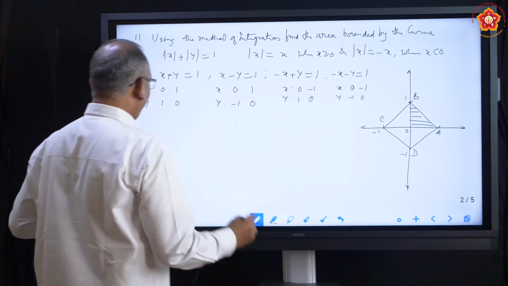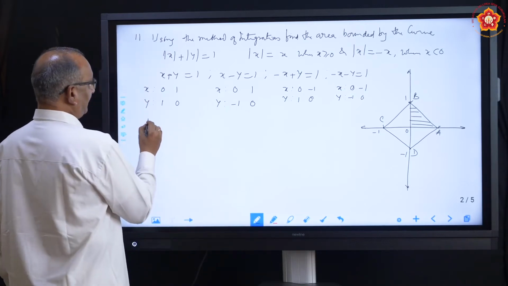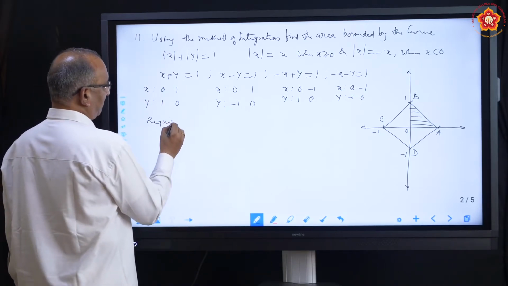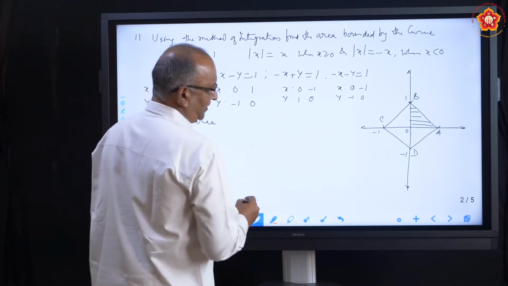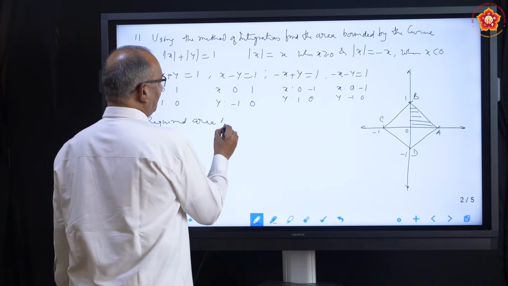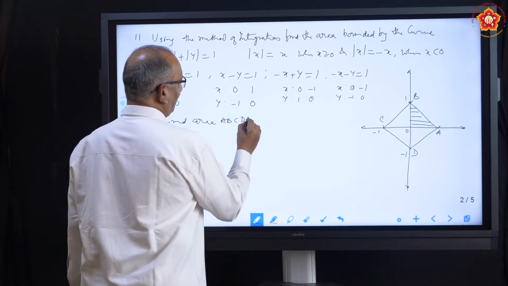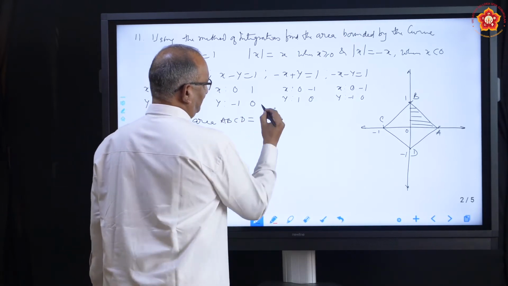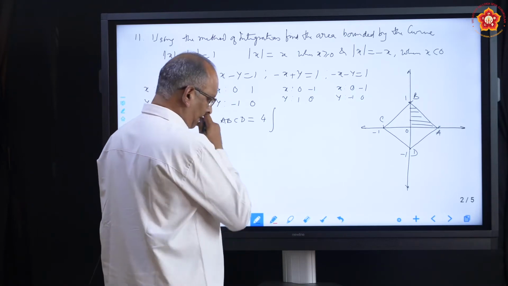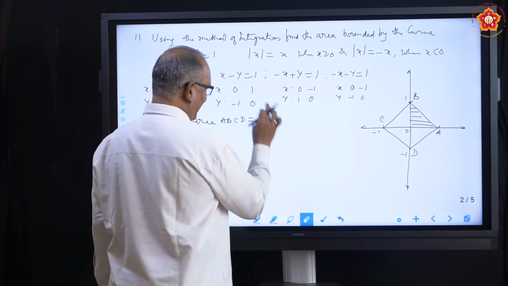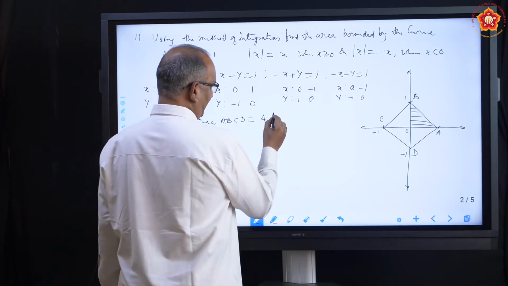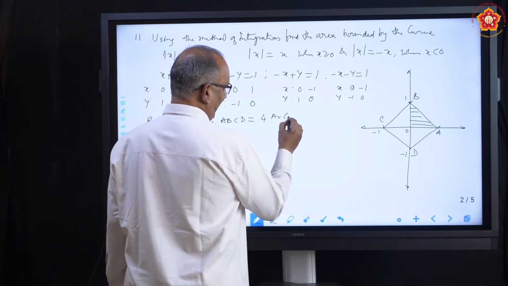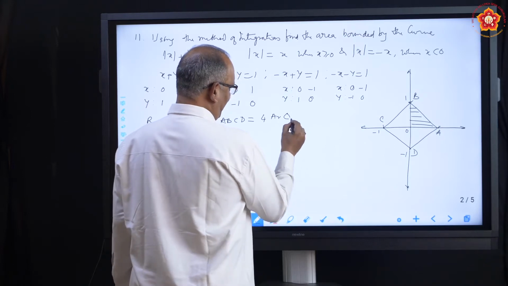So we will say the required area ABCD is equal to 4 times, or before we write the integral, we can mention it as 4 times the area of triangle OAB.